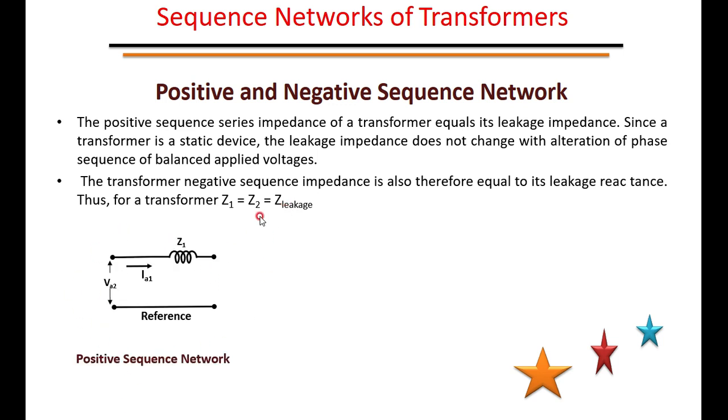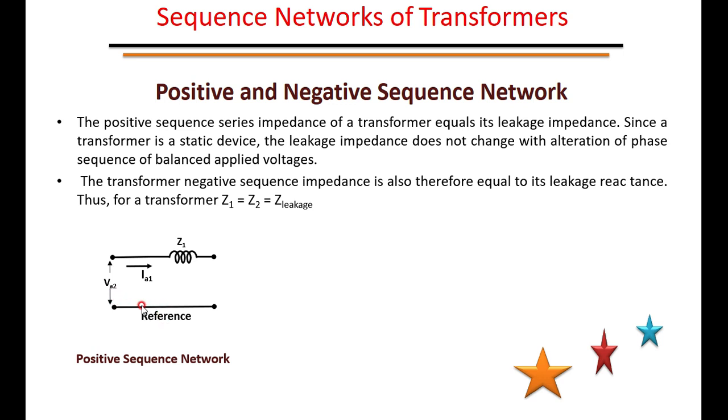Therefore, in the network diagram, it is represented by Z1, the positive sequence impedance of the transformer. The current flowing in the positive sequence is IA1 and the terminal voltage is VA1.